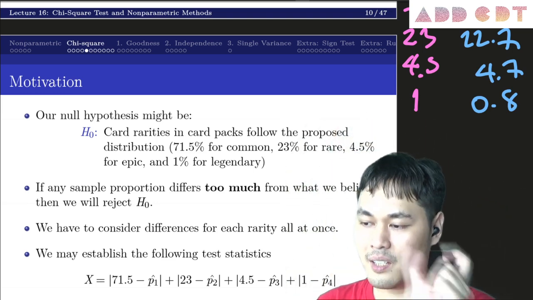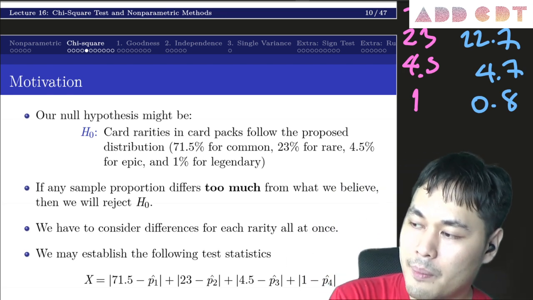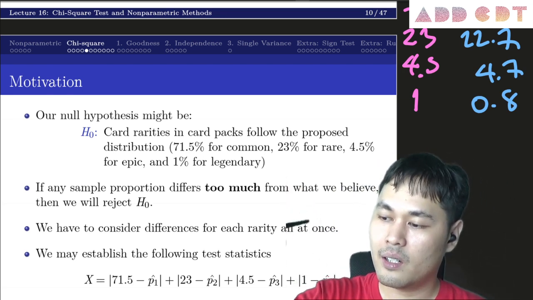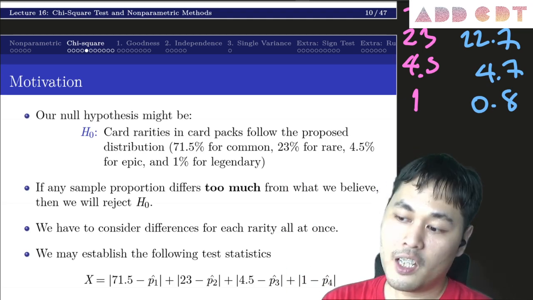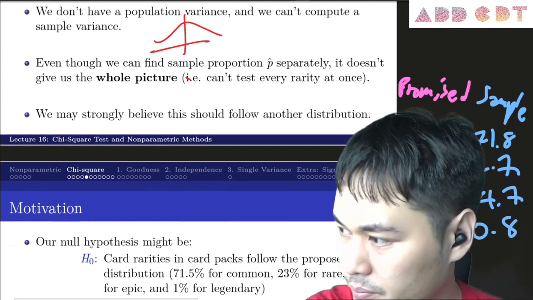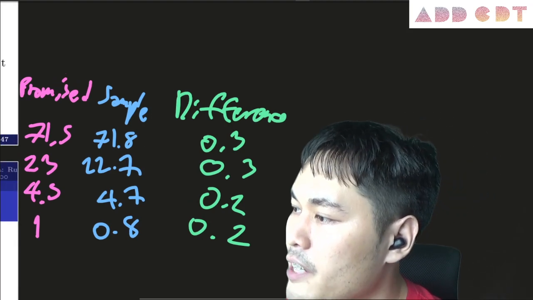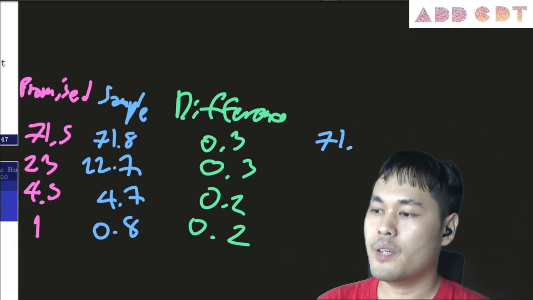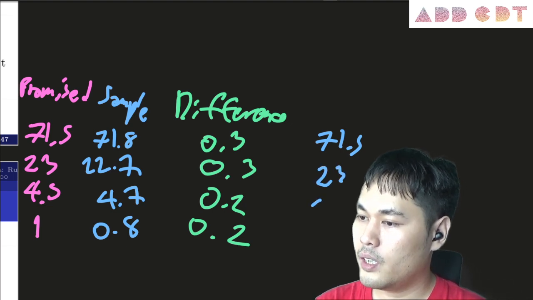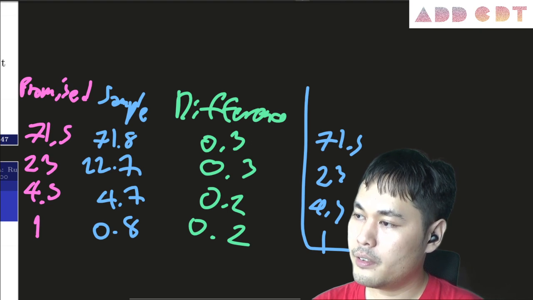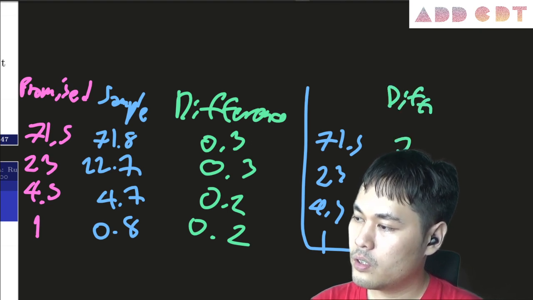What we did right there is simply take the differences and sum them up and see if the difference is high or low. Intuitively, if the difference is 0, for example, if we actually get 71.5, 23, 4.5, then the difference in this case would be 0, 0, 0.